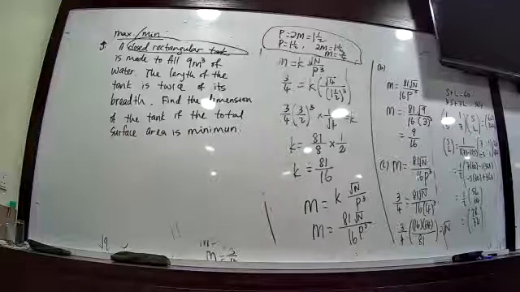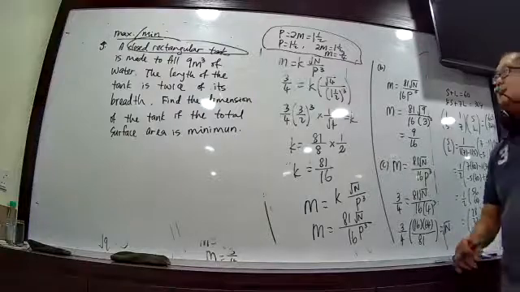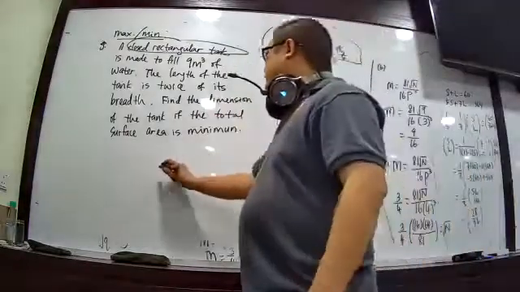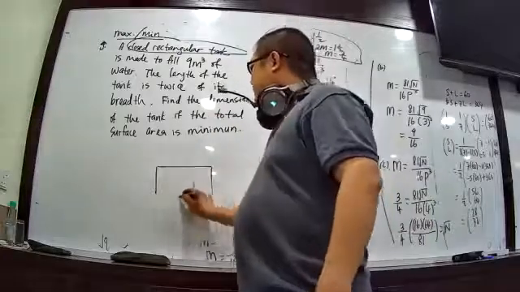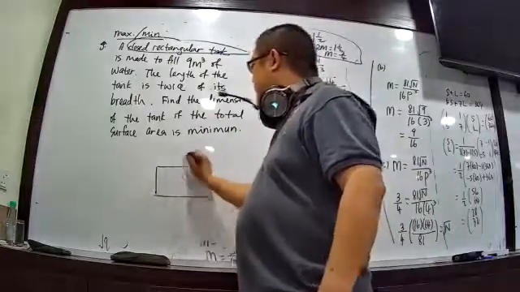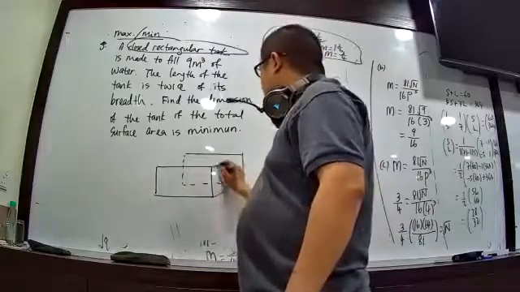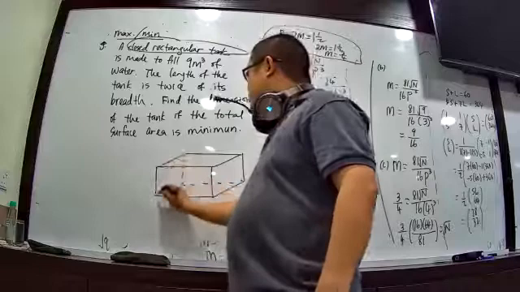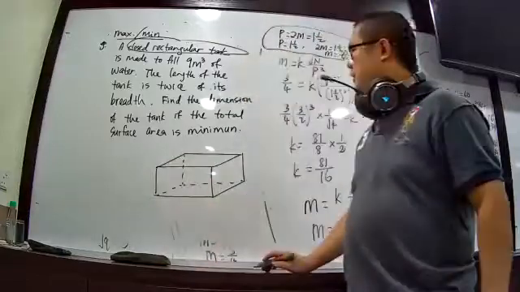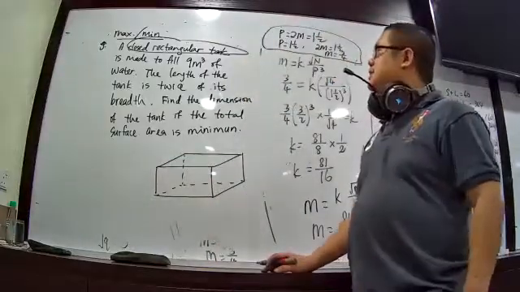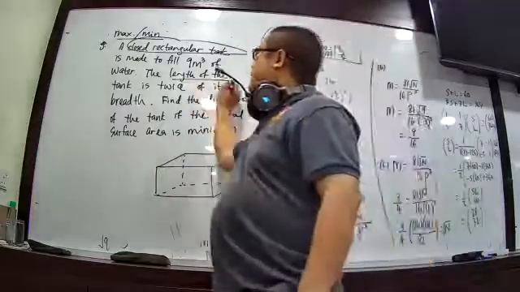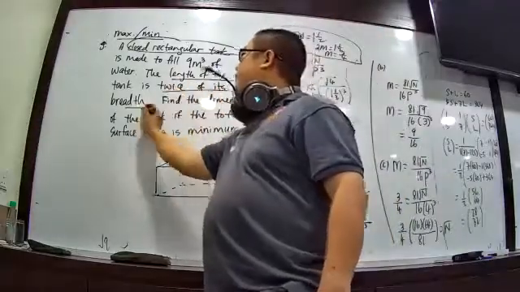How many surfaces? Six. So the rectangular tank you draw is something like this. Okay, so 6 surfaces.